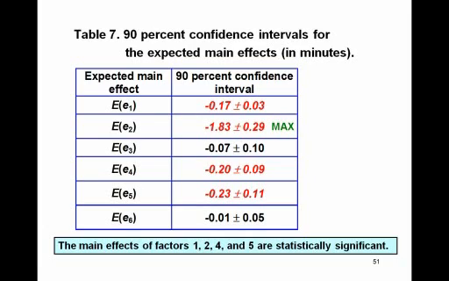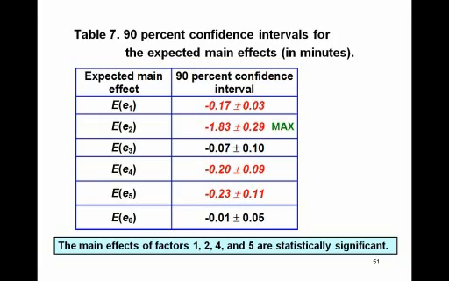This factor really does have a demonstrable impact on average time in system. For machining times the point estimate is minus 0.17 minute. If we reduce machining times by 10%, we would expect average time in system to go down by 0.17 minute.